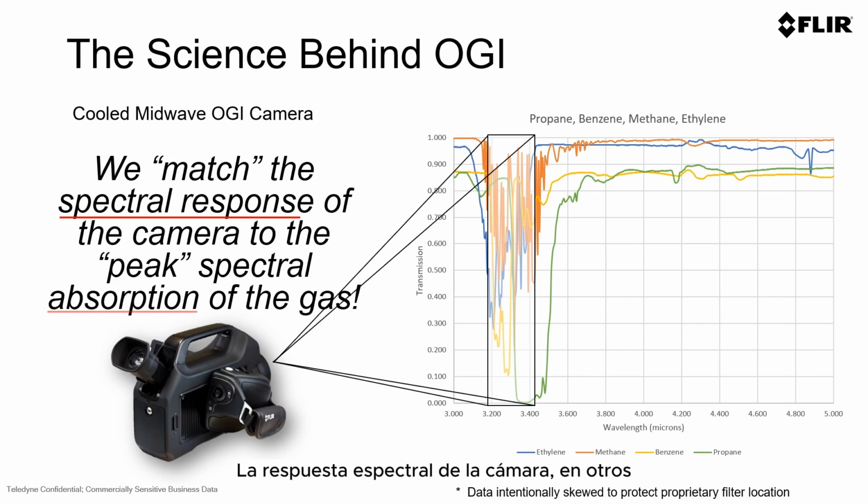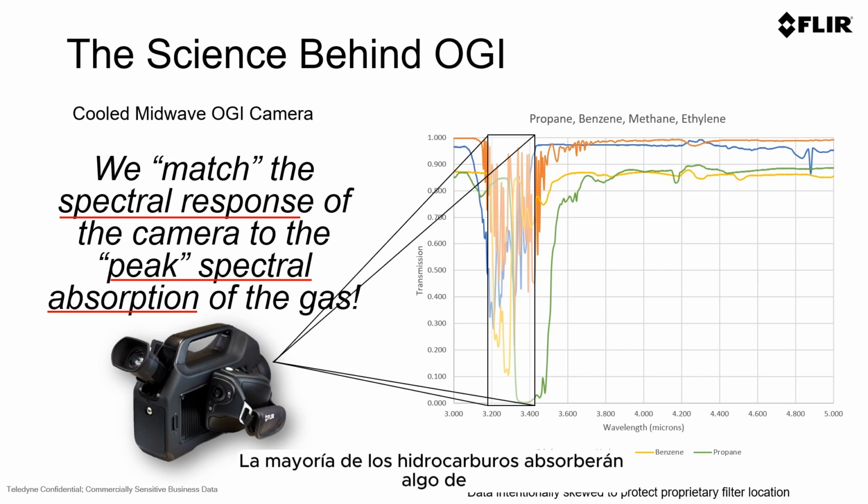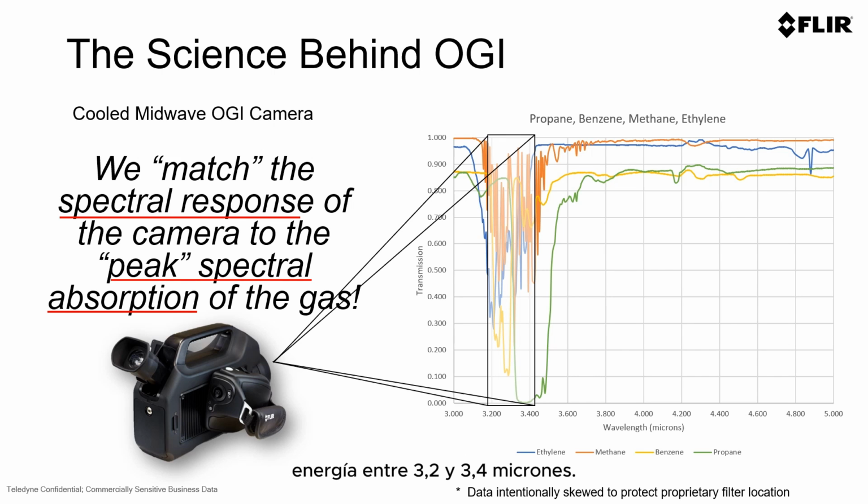As we match the camera's spectral response, in other words, how the camera is maximized in the filter that we put in the camera, to the peak spectral absorption of all of these gases, we can see them. And generally speaking, most hydrocarbons will absorb some energy between 3.2 and 3.4 microns.